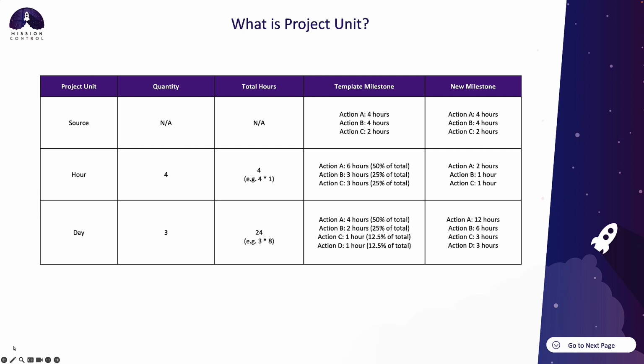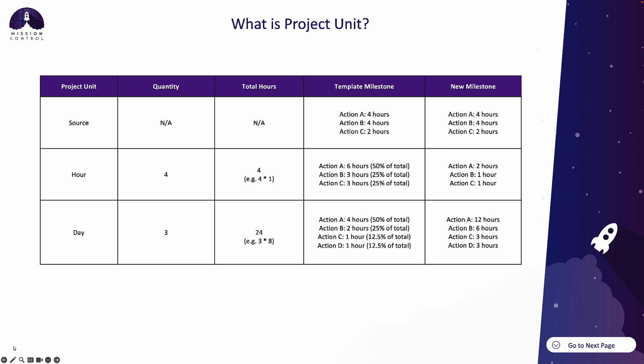We've got hours next as the project unit value, and you can define the total amount of hours on the line item of a product. For example, I add in a product where I set the quantity as 4. This means that 4 hours will be divided amongst the actions of the new milestone associated with this product. In this example, we've got 3 actions, 6 hours, 3 hours, and 3 hours respectively.